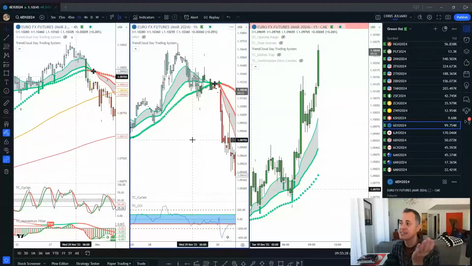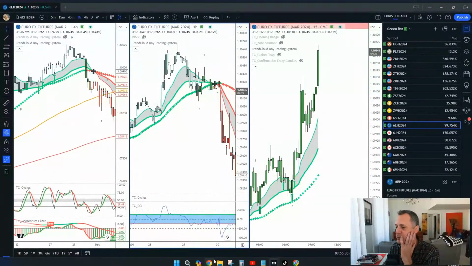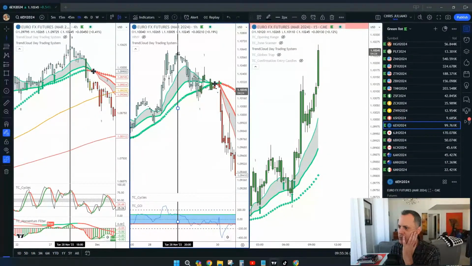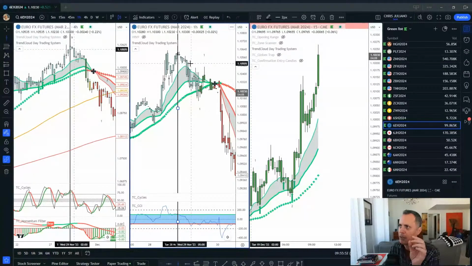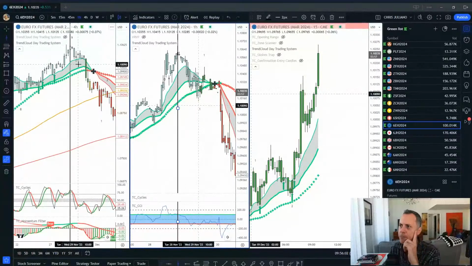And in this scenario, if you guys take a look at this, if you put TrendCloud on your chart, go back to November 28th. You'll see high time frame, extended trend. Middle time frame, extended trend. So Krishnan, when we were talking about that, take a look at the euro. Take a look at the euro 4-hour chart, 1-hour chart, and look how both have become extended.